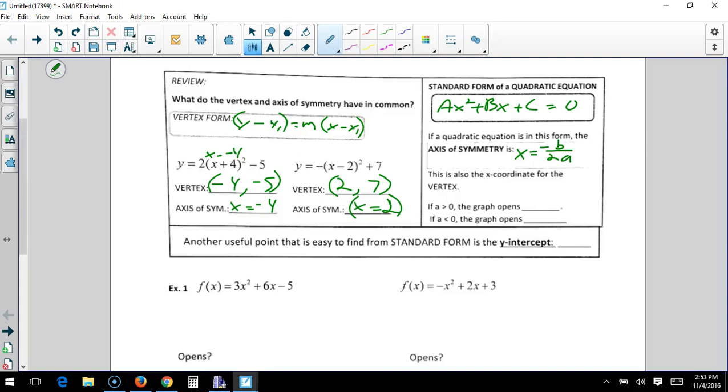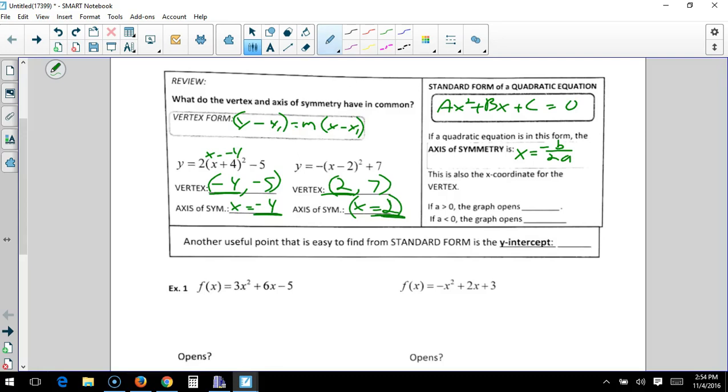This is also the x-coordinate for the vertex. So whatever that ends up being, that is the x, just like here, the x-coordinate in the vertex. And the axis of symmetry is that x-coordinate.